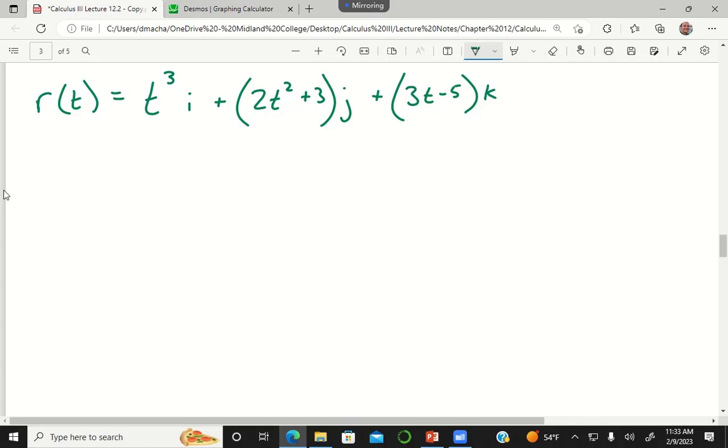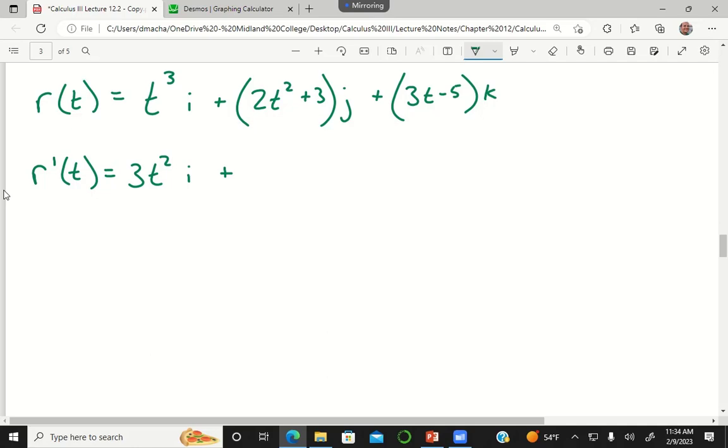So there's a vector valued function or a parametric curve in the i, j, k notation. What I want to do first is let's find r prime of t. So what is going to be my new i component of r prime of t? 3t squared.